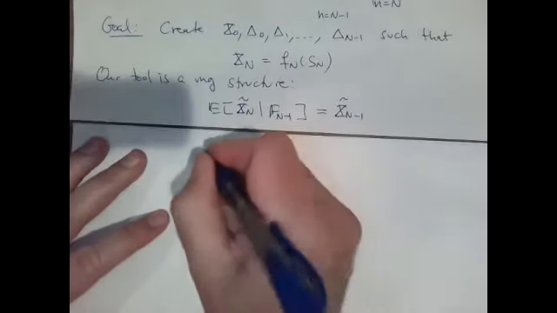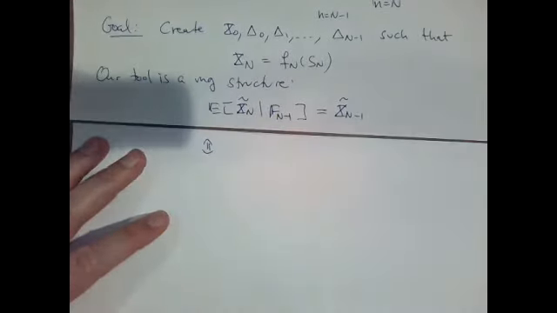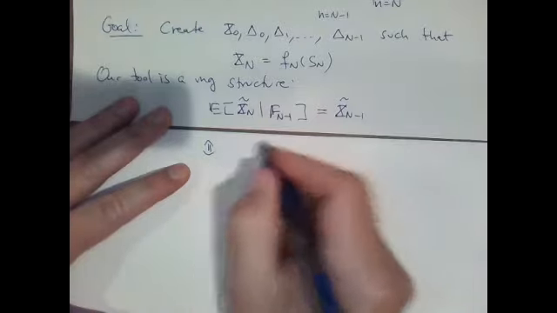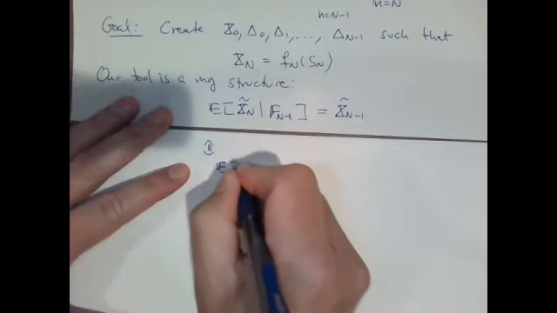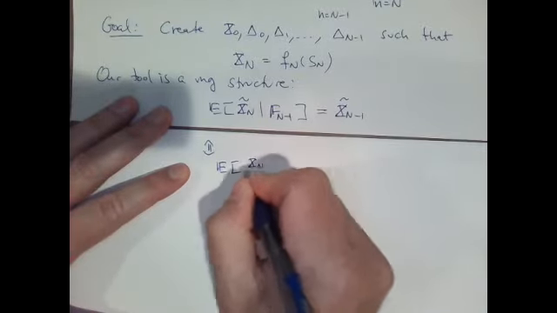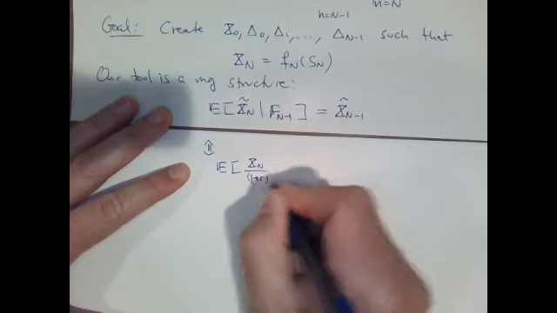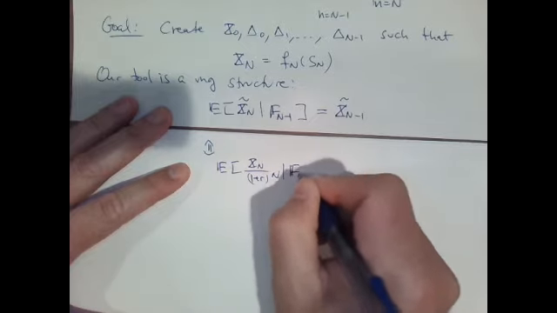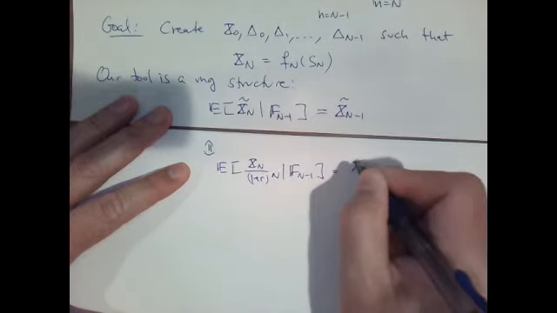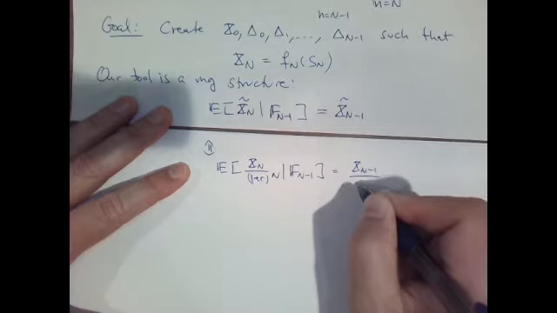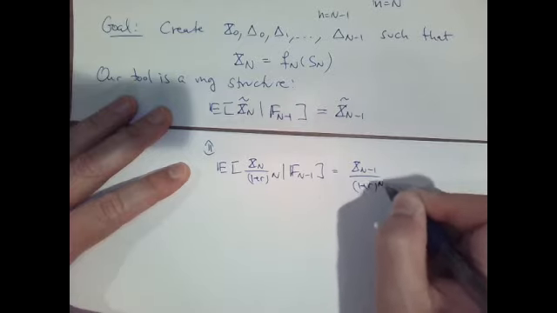Okay, so this is the same. This is the same as saying what? That the expectation of x n divided by 1 plus r to the n, given F n minus 1, is x n minus 1 divided by 1 plus r to the n minus 1.